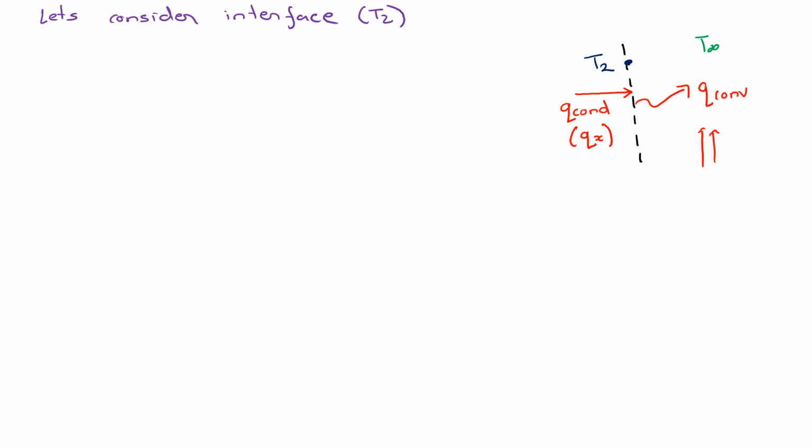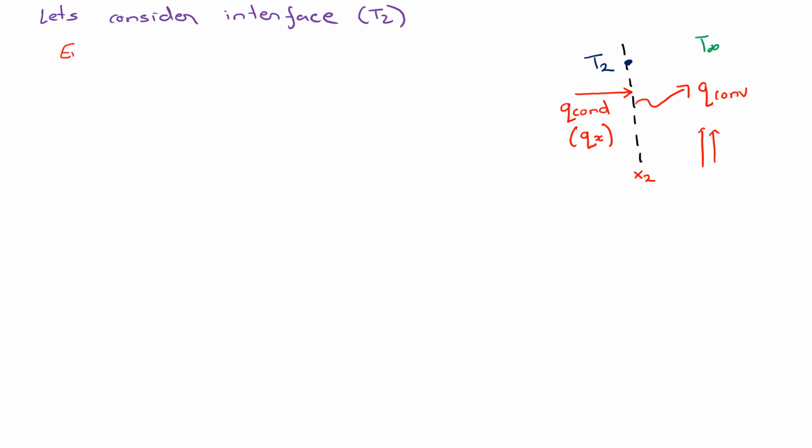Now for T2 to remain constant, Q conduction must be equal to Q convection. If either of the two is smaller or bigger, your T2 will change with time, because you will either be storing energy into the system or removing energy from the system. So to understand this further, let's look at the energy balance. This is location x2.